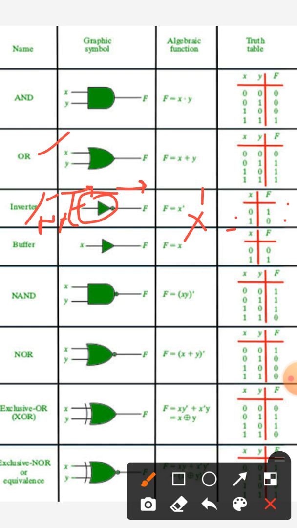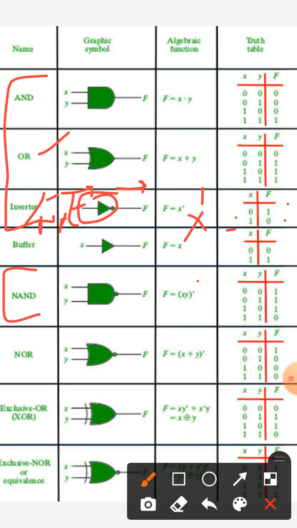This is the buffer, which is not a basic gate. So these are our fundamental gates: AND, OR and NOT gate or inverter gate. The buffer is nothing but a gate that gives its real value, 0 for 0 and 1 for 1.